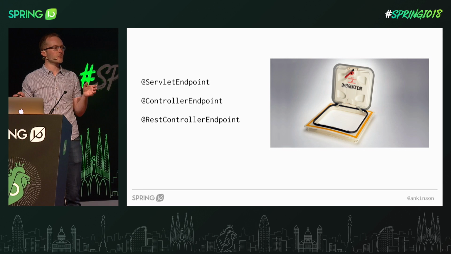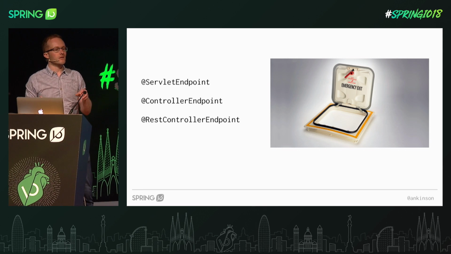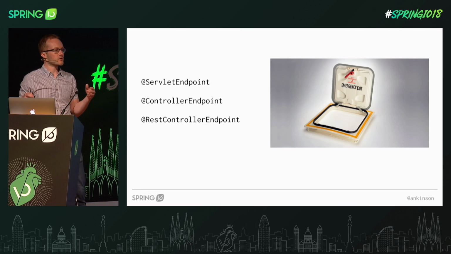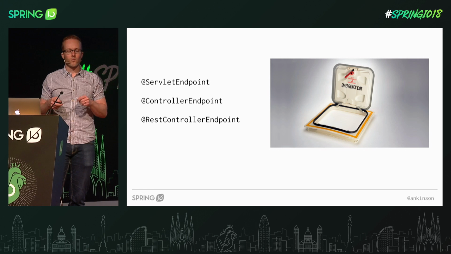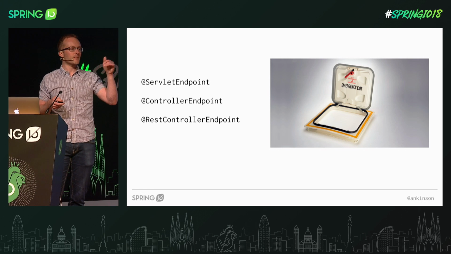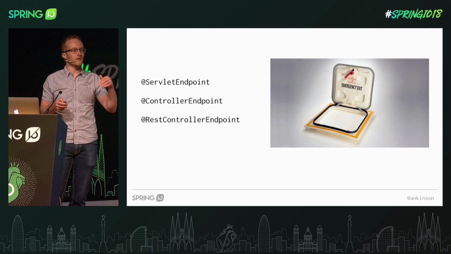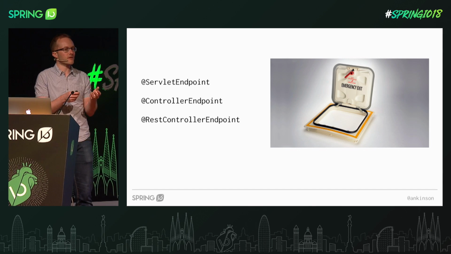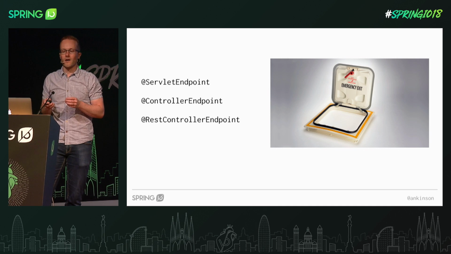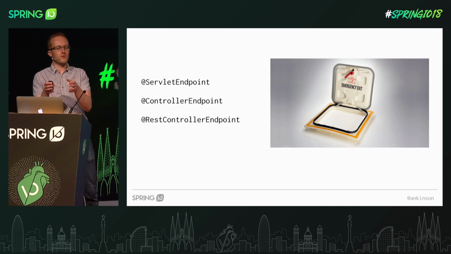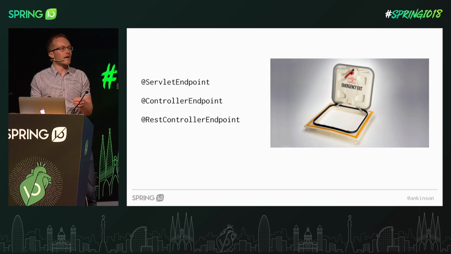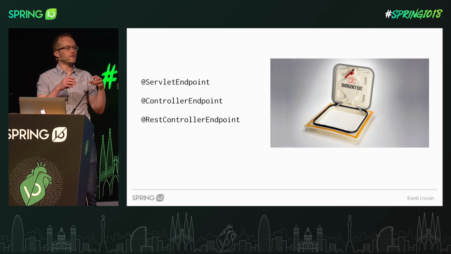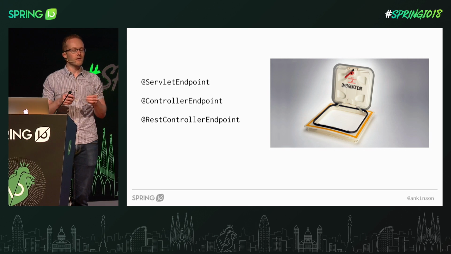So I would encourage you, if you can, to make use of just the standard endpoint infrastructure with using the web extension like we saw for the health endpoint for specific cases where some slightly different web-specific behavior is justified. And only use these as an escape hatch when the standard infrastructure doesn't give you quite what you need.